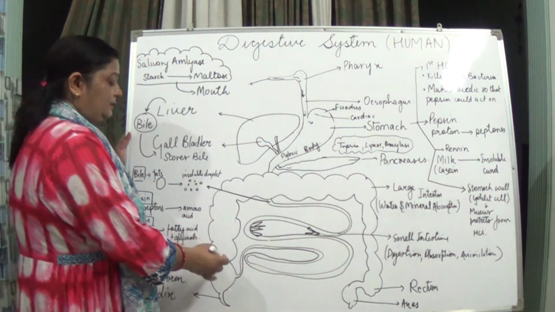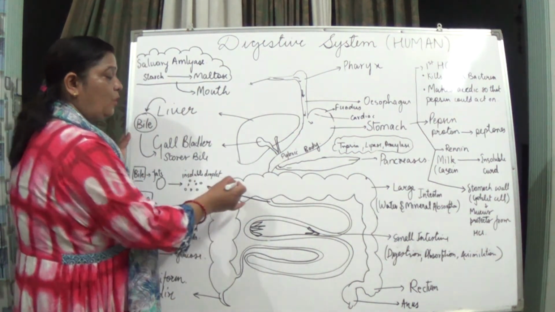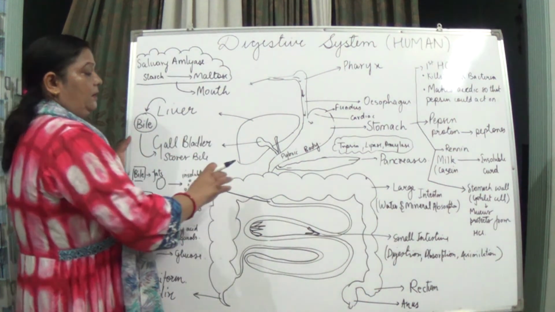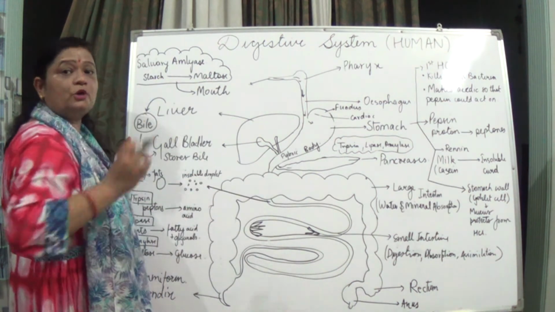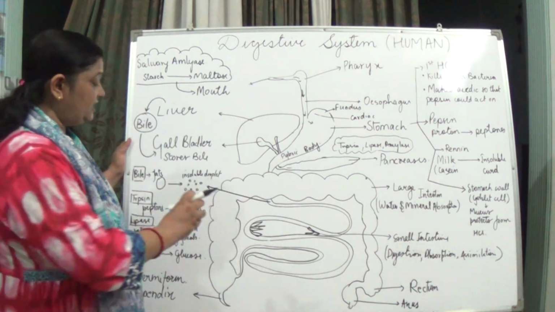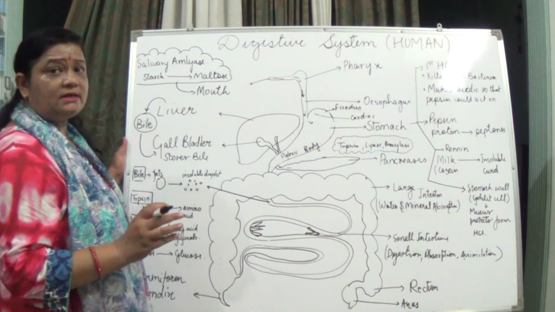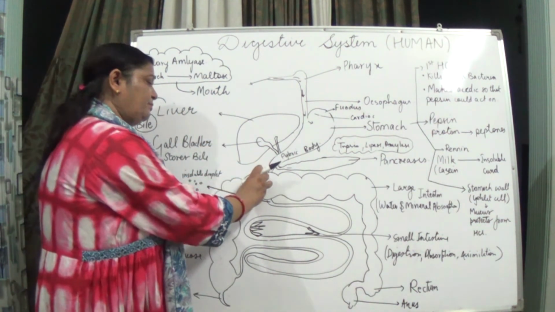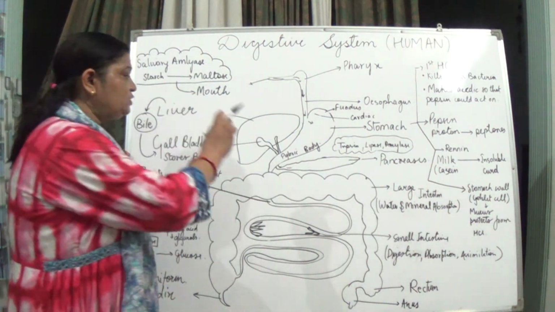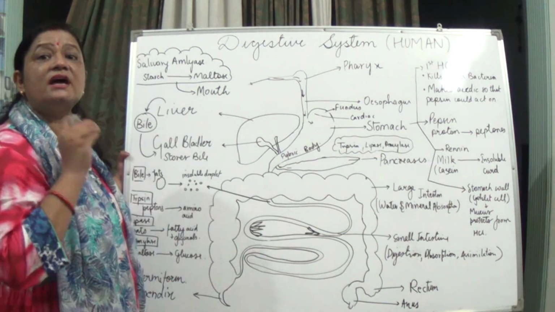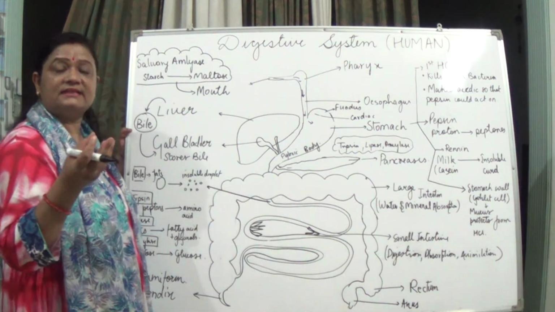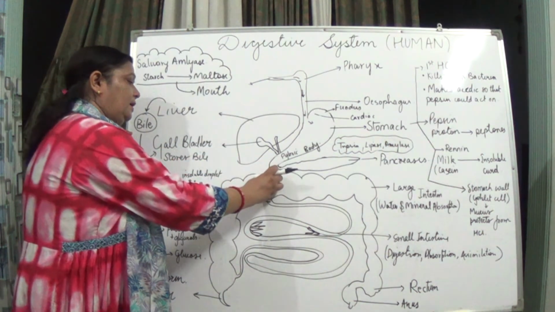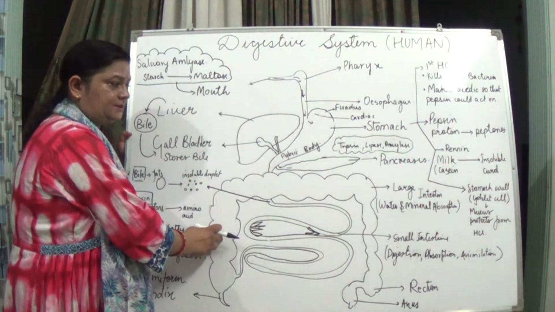Now, the undigested food in the large intestine, what does it do? It absorbs the excess water, because here the undigested food consists of a large amount of water and is in liquid form. So here maximum absorption of water takes place, as well as minerals, as well as the drugs, the medicines which you all eat, which are totally absorbed in the large intestine.